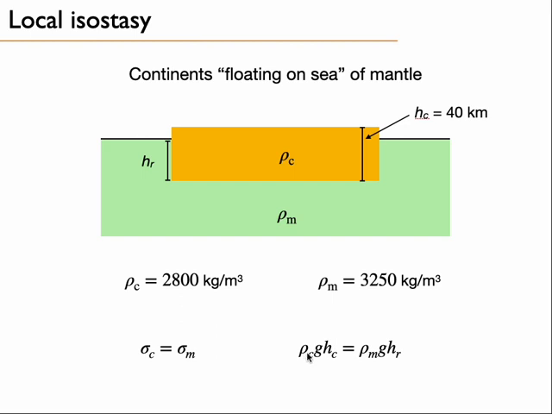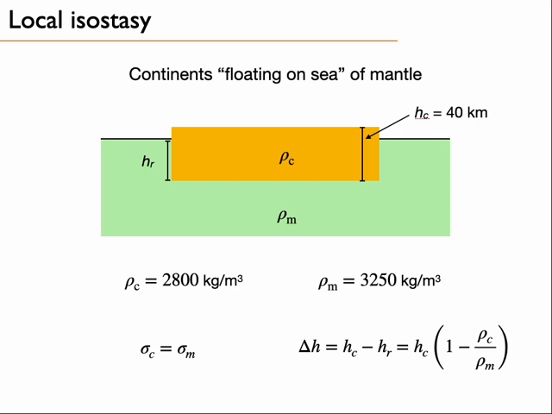So on one side we have rho c g hc equal to rho m g hr. We can solve for hr, and hr will be hc times the ratio of rho c and rho m.